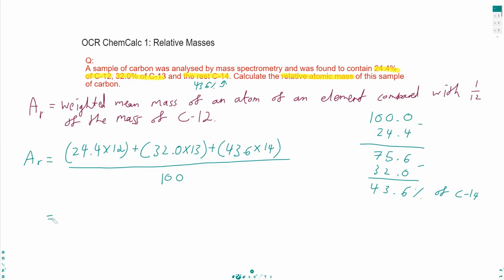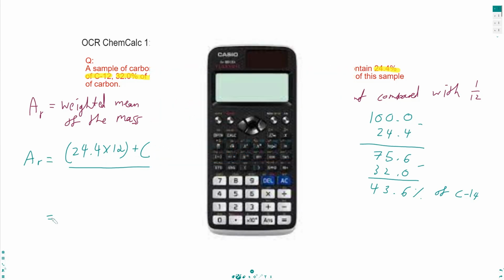A scientific calculator is really useful, and I'll splash one up on screen now. These types of calculators are really useful for doing calculations like this, so it is recommended that you get one.